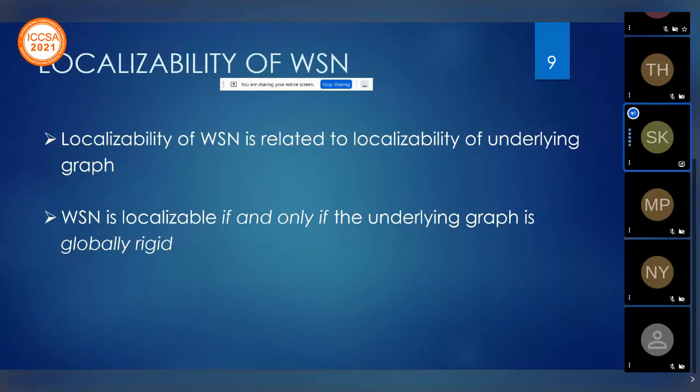The answer turns out to be based on a graph theoretic property called global rigidity, which has been well known for many, many years now. And it was studied a long time ago under the graph theory area. And what happens is that it's proved that any WSN is localizable if and only if the underlying graph is globally rigid.